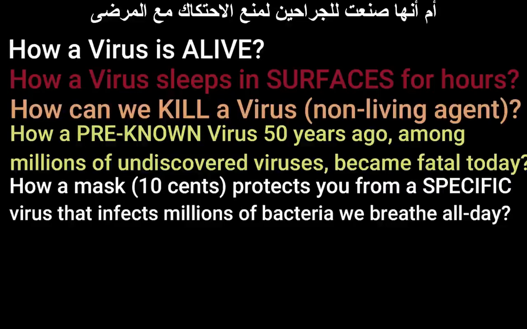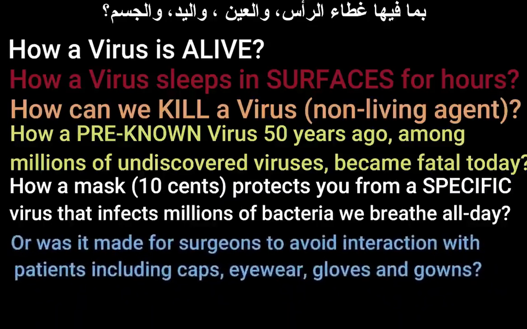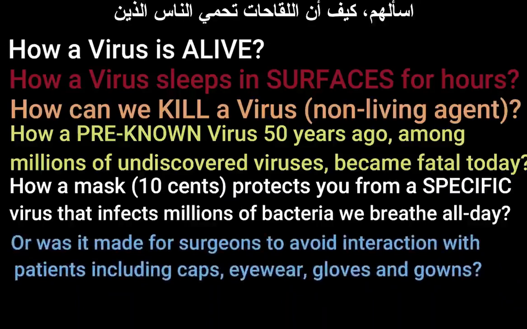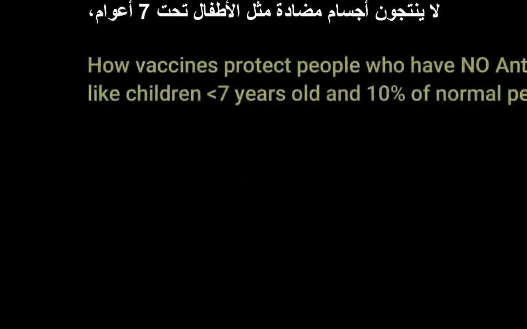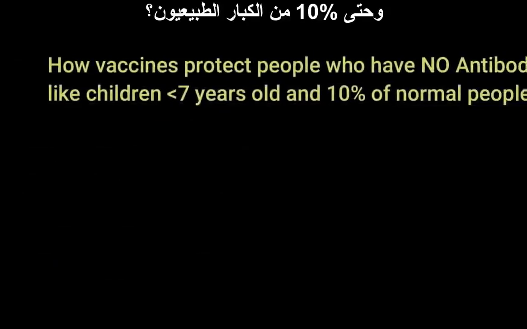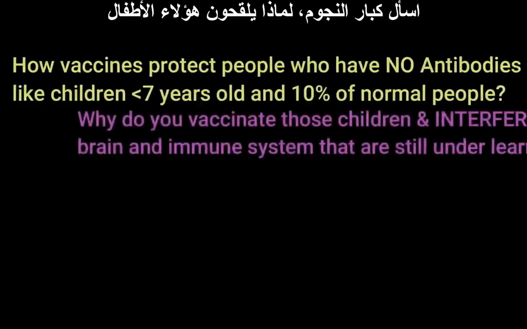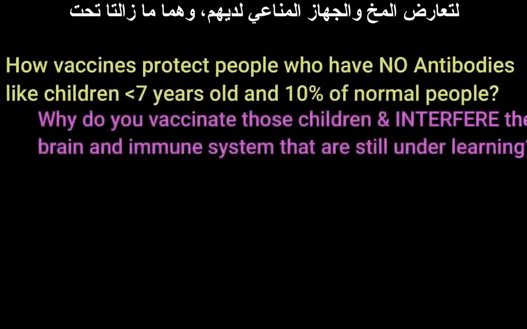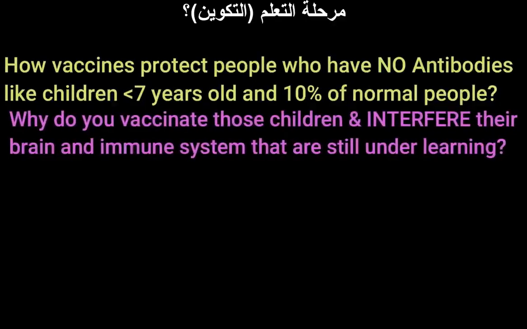Or was it made for surgeons to avoid interaction with patients, including caps, eyewear, gloves, and gowns? Ask the superstars how vaccines protect people without antibodies, like children less than 7 years old and 10% of normal people. Ask the superstars why you vaccinate children and interfere with their brain and immune system that are still in the learning process.